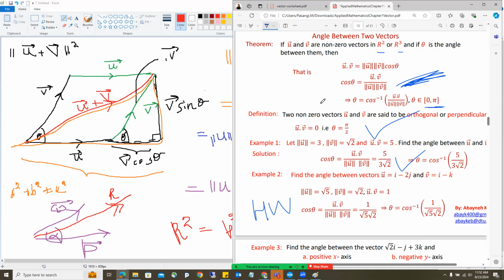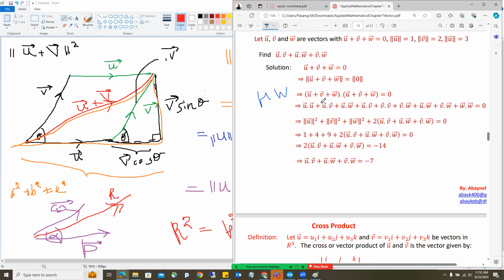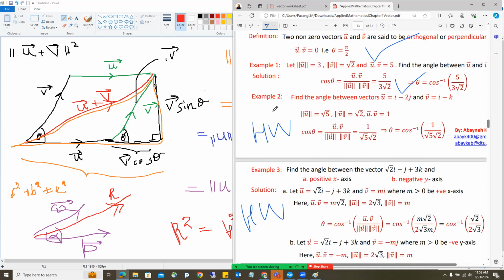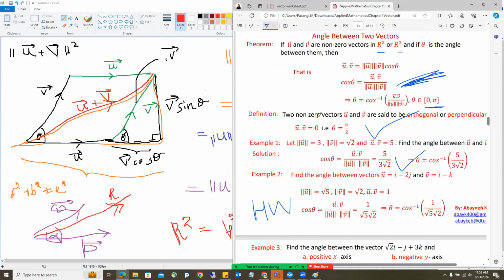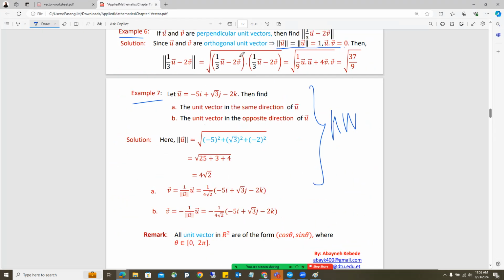Is it clear? Okay. Which examples? I just marked here that you need to do example 3, example 2, and example 7 also. I'll send you this tutorial again, with all these homework examples already marked.